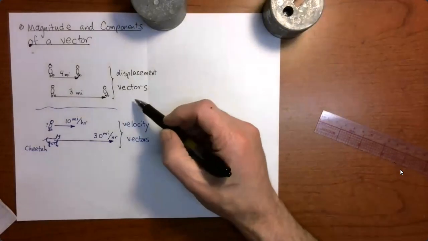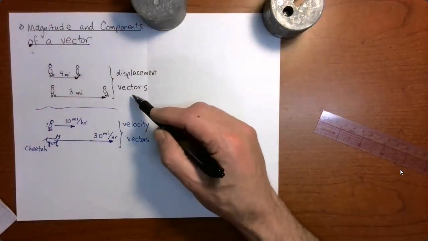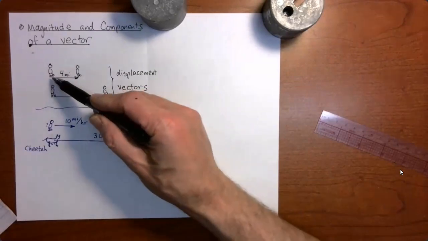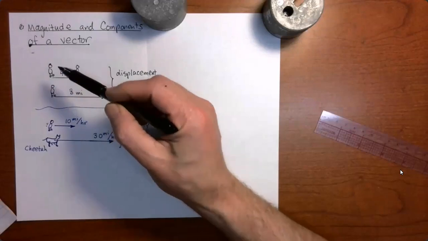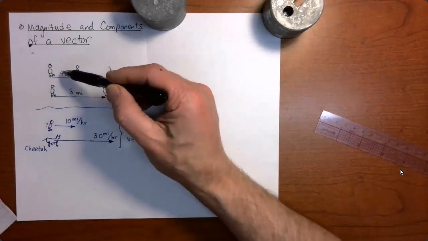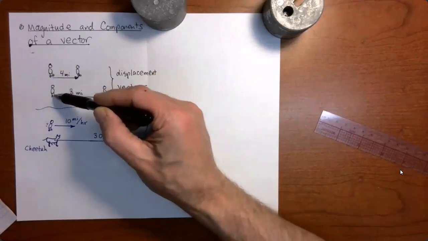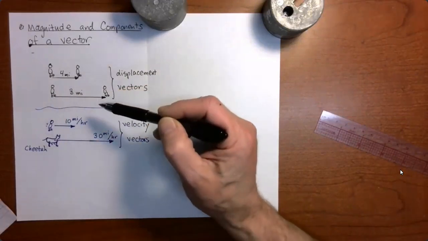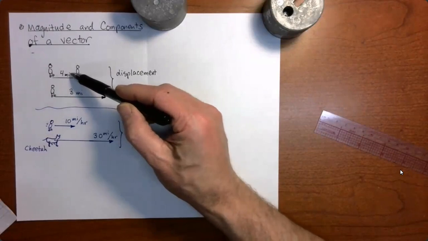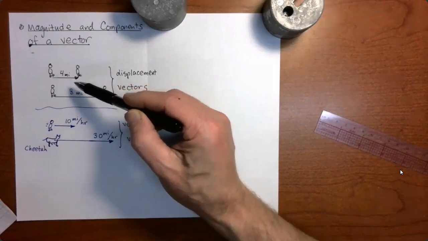A displacement vector is a vector which represents a change in position going from the initial position to the final position. This person walked 4 miles, and this person walked 8 miles. The magnitude of this displacement vector is 4 miles.